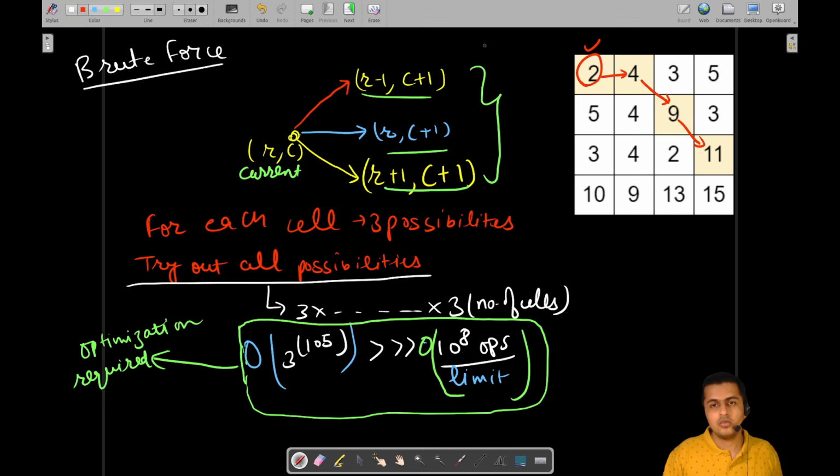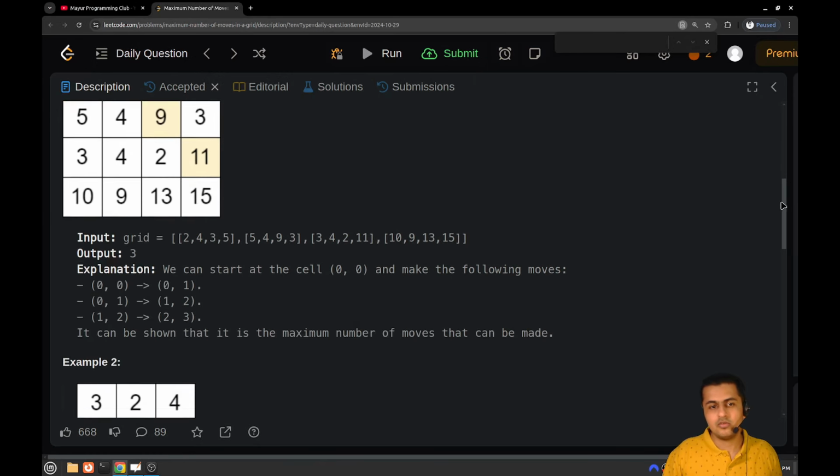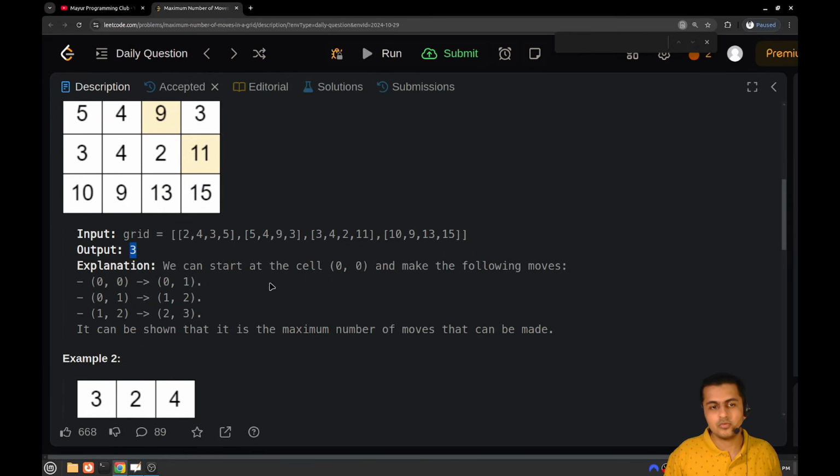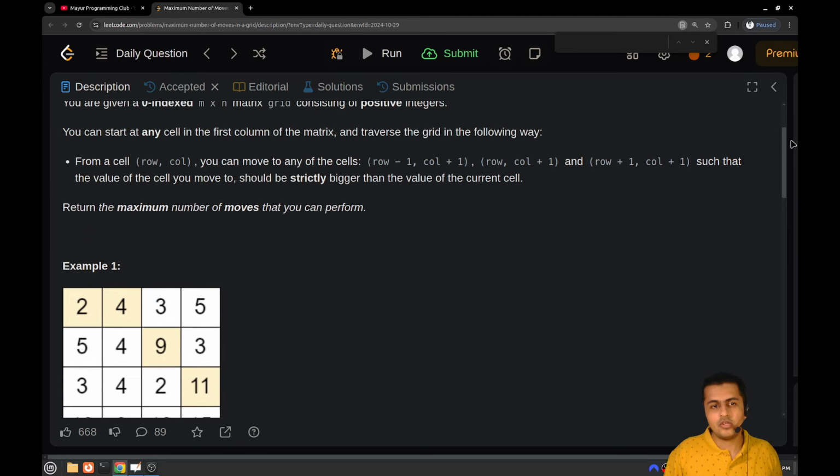So this would result in 3, as you can see the 3 is the output. This is what you have to do: return the maximum number of moves that you can make, following the rules of the traversal given in this problem.